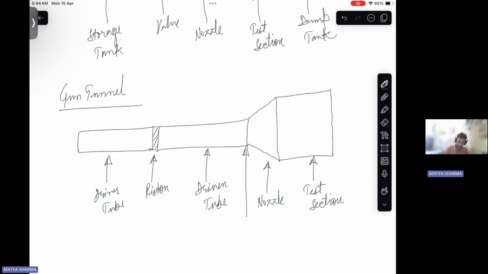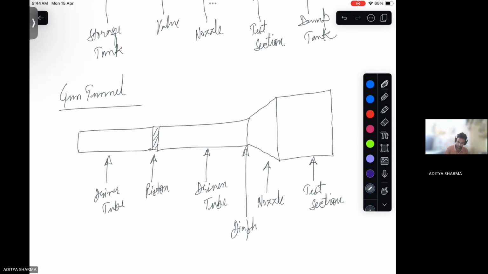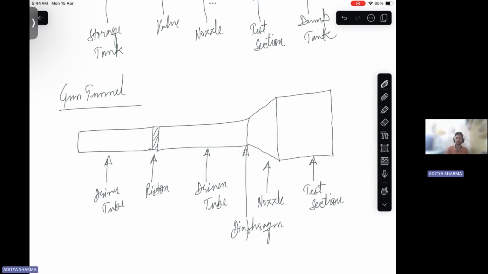Here also we have a diaphragm. So we have a driver tube in which the piston moves, and then this driven tube.